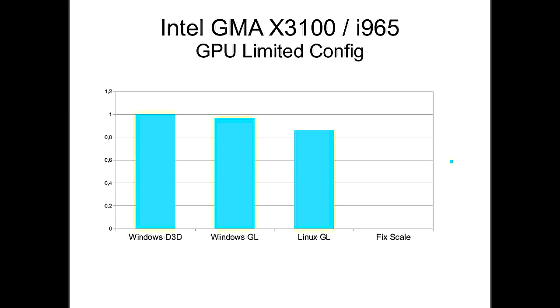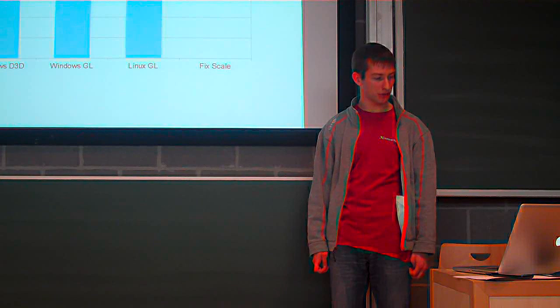They are pretty much the same. I had to fix the scale because otherwise 0.8 would be here and the graph would look somewhat strange, but that's OpenOffice. So at least on this card, the Mesa driver seems to be just fine. Except for the crash, I didn't have any major problem with it.